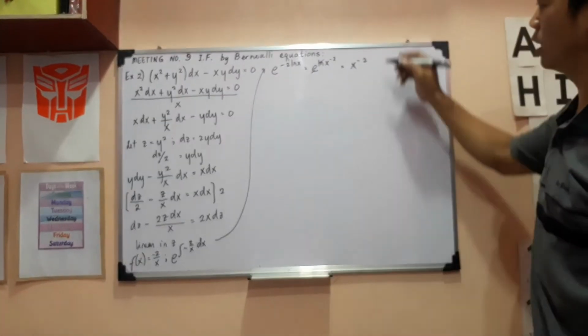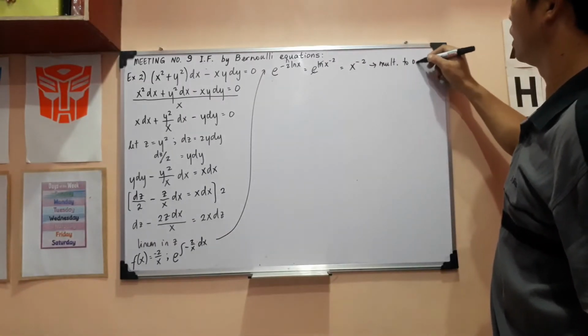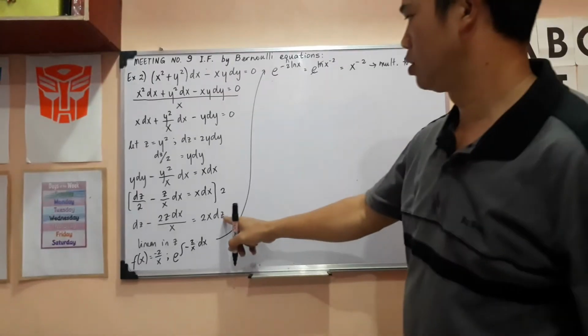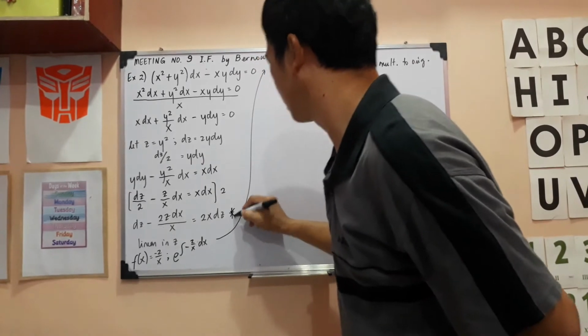Cancel yung e raised to ln. So this is our multiplier to original equation in linear in z. Nasaan ba yung linear in z? Ito. So pag multiply natin dyan, magiging, okay, 4 asterisk.